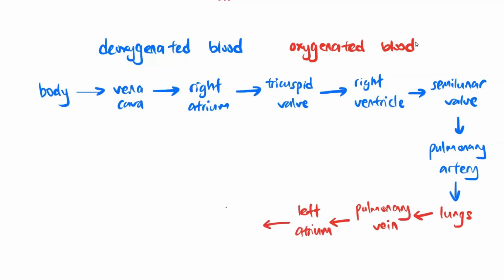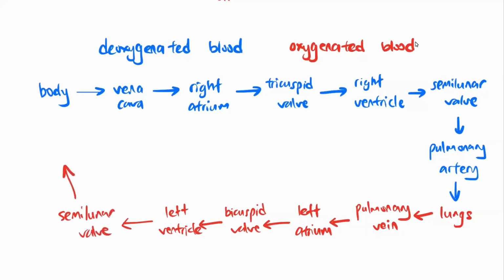Then it will need to pass through the bicuspid valve and then enter the left ventricle. And then it will need to be pumped to pass through the semilunar valve. Then it will enter the aorta and then go to the body to supply the oxygen, and then it recycles again.